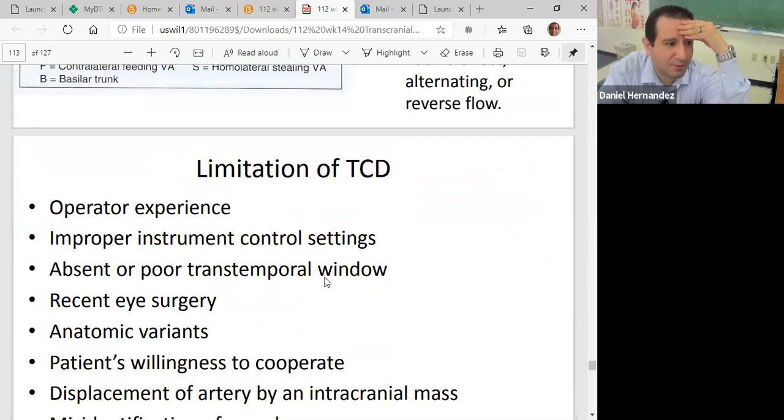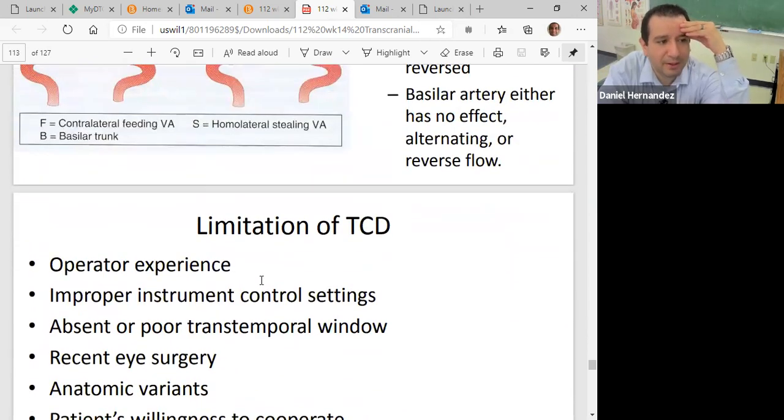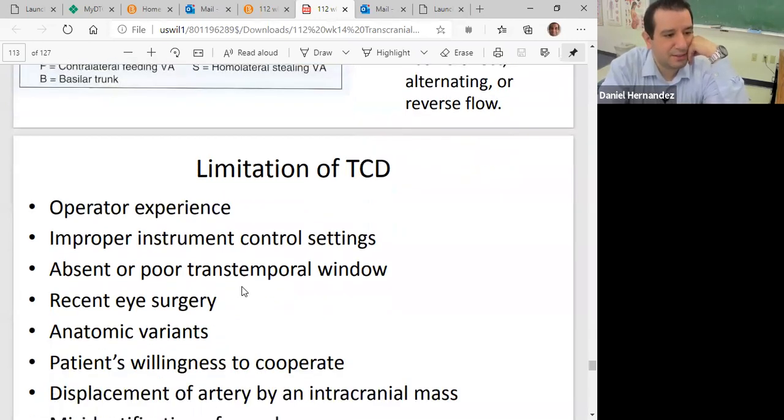Some limitations of transcranial Doppler we went over already: operator experience, improper instrument control settings, absent or poor transtemporal windows. If a patient has had recent eye surgery, we can't do our transorbital approach.